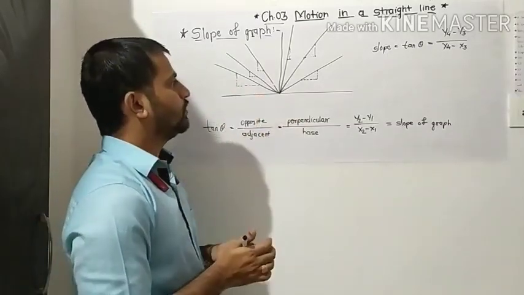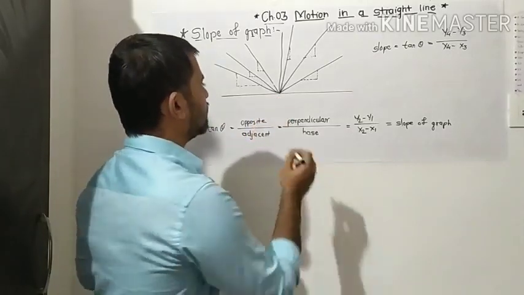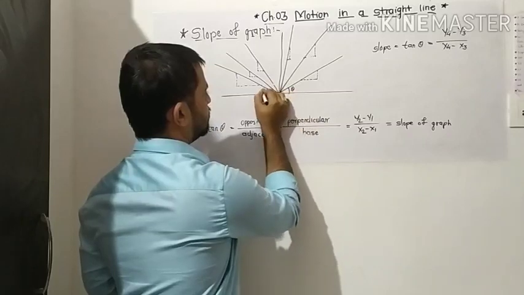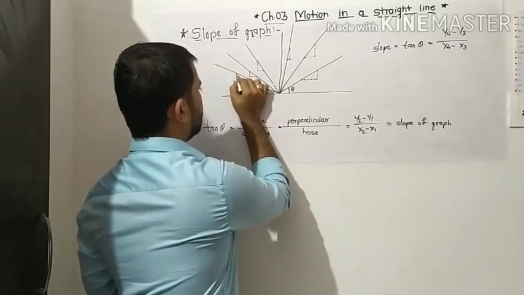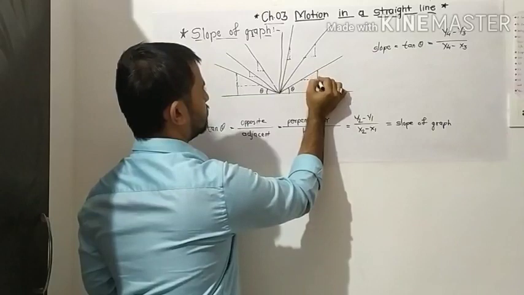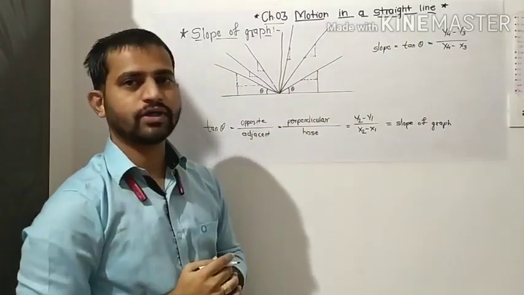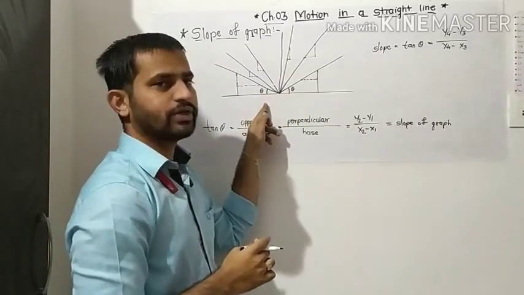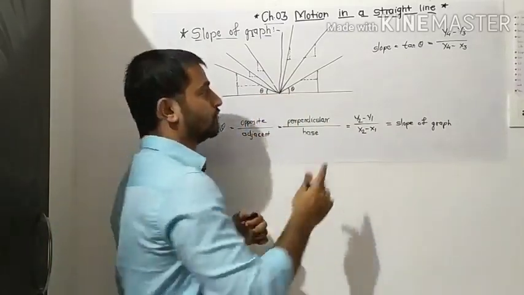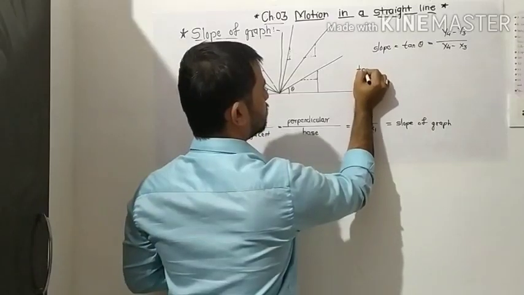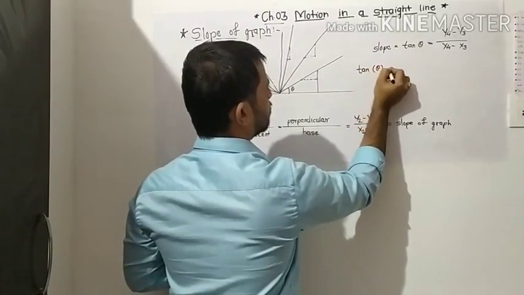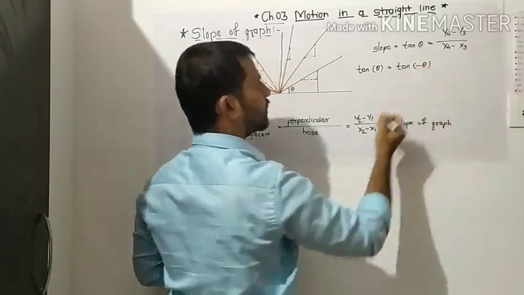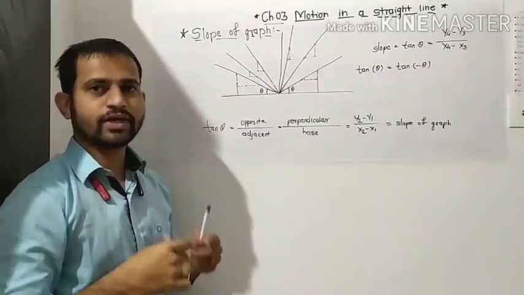So if we consider this angle as theta, and here also it is theta, then whatever perpendicular we draw from this line, if we find out tan theta in both cases, we know tan theta is equal to tan of minus theta.